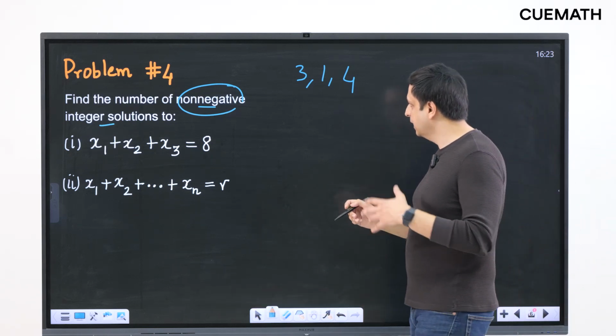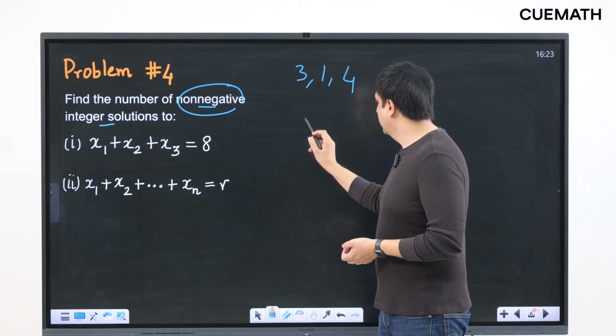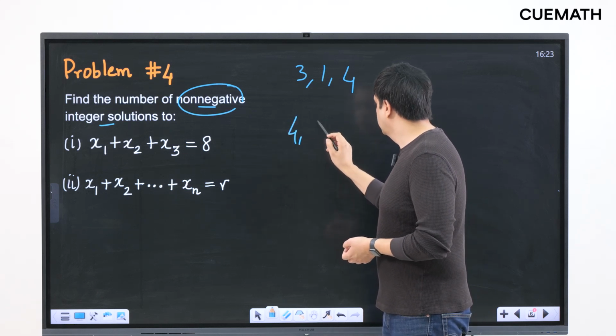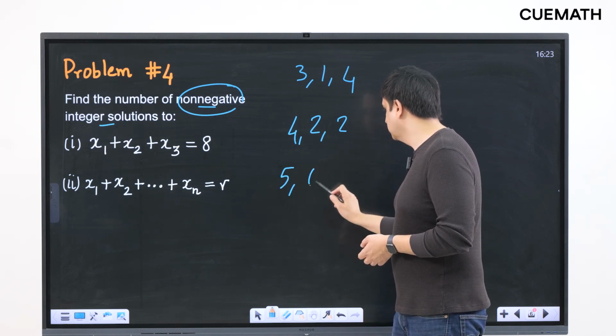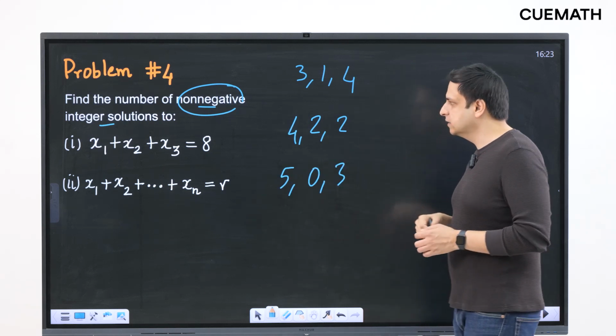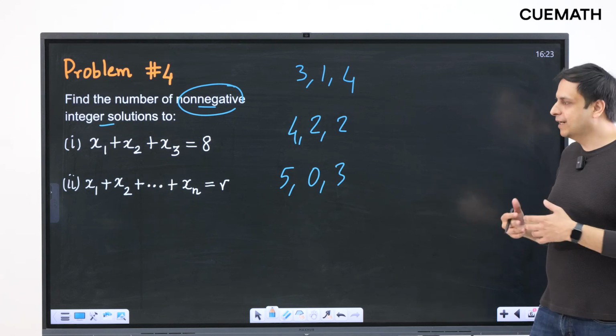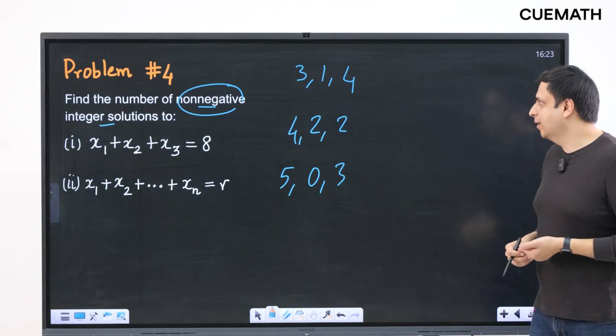Let's come to this in a minute. Let's take another solution like 4, 2, 2, and let's take a third one, let's say 5, 0 and 3, and each of these 3 solutions I will try and transform into a string that makes the counting job easier.